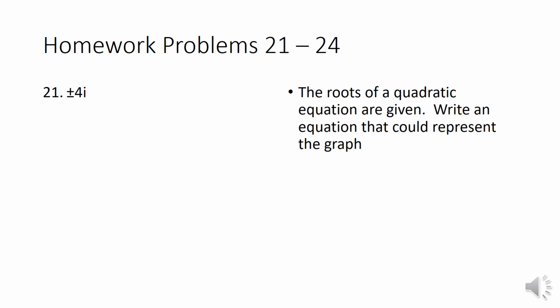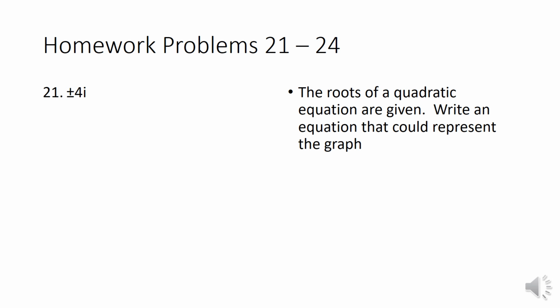Now remember, the roots of an equation are the values of x at which y is equal to 0. So now we need to try and write an equation that could represent the graph that has roots of, in this case, positive 4i and negative 4i.